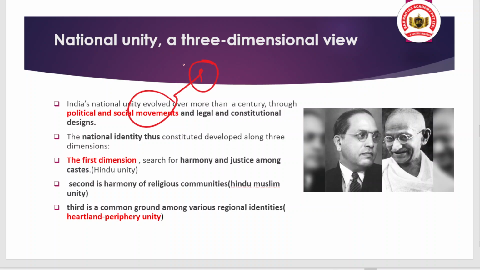So you should remember that the first dimension deals with Hindu unity, the second is the harmony of religious communities, and the third is the various regional identities, and there should be harmony among them.